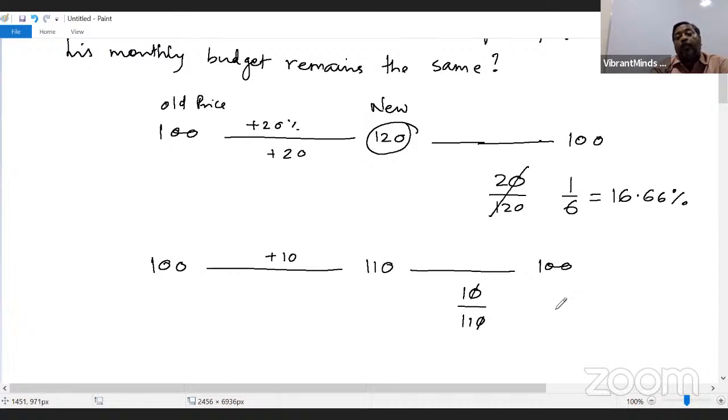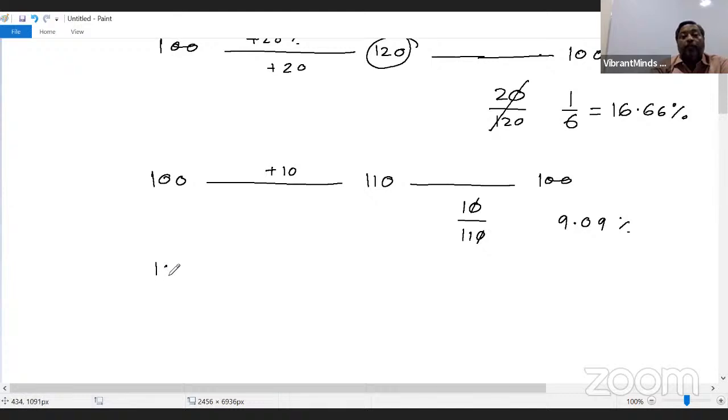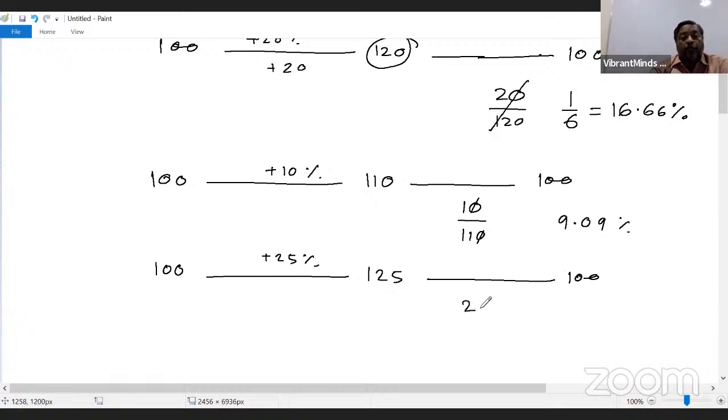So this is what? 1 by 11, that is he will have to consume 9.09% petrol less. So again, let's increase it. 100 rupees petrol, we have already got 20%, so we will go with 25% now. The price now is 125, but he is adamant on buying 100 rupees petrol. So he will get 25 rupees of petrol less. On which rate? 125. That is what? 1 by 5. He will get 20% less petrol.